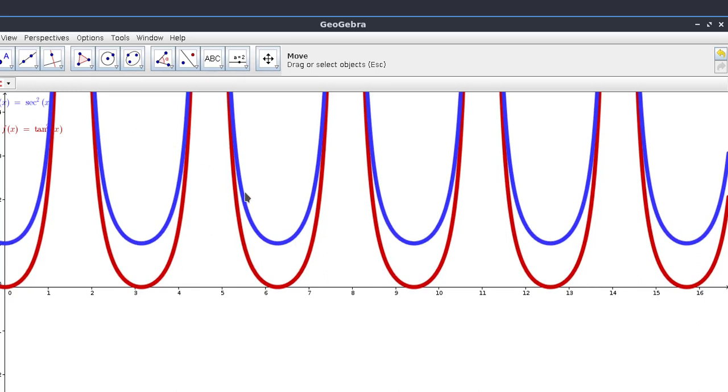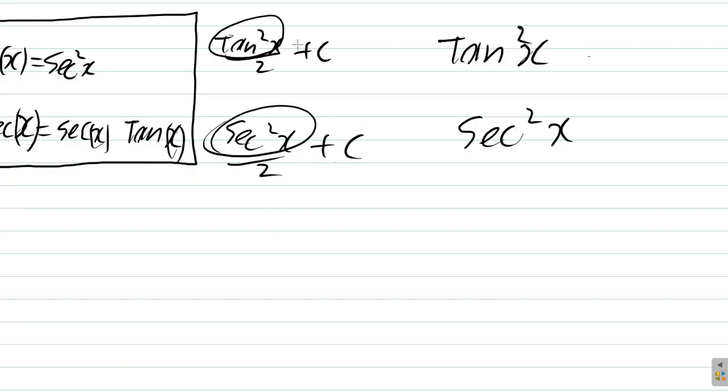So same gradient function. So the derivatives of tan squared x and sec squared x are the same. The only difference is the displacement or the constant of integration, as we saw from the graph.